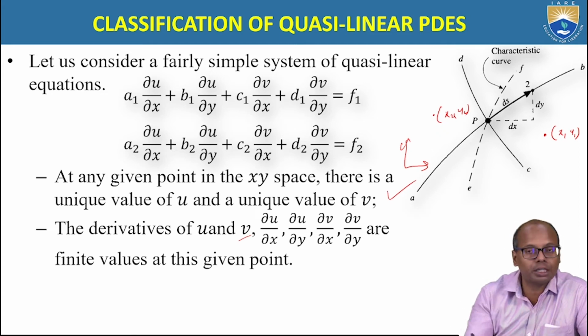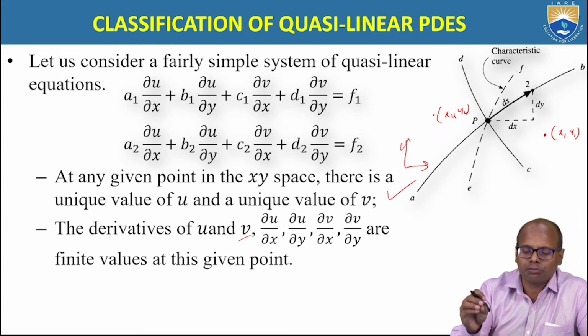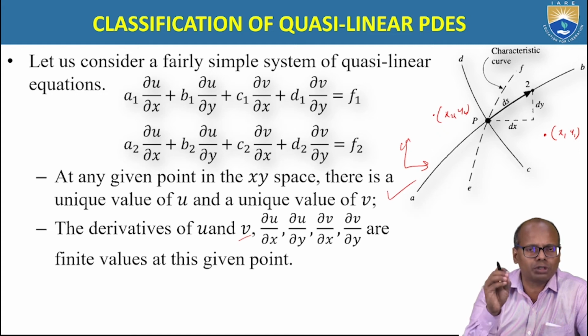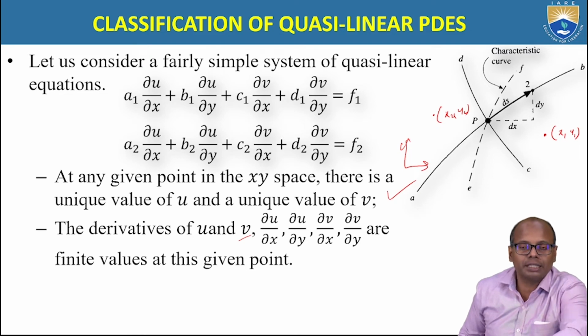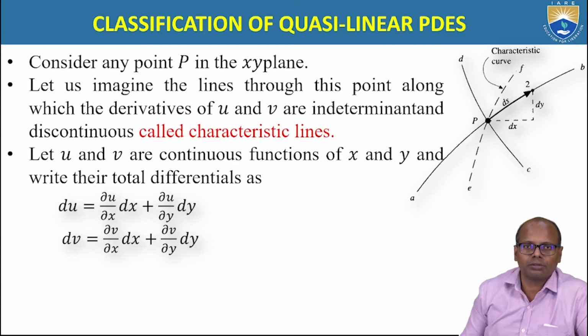So any point I take in the space has unique values of x and y, unique values of u and v, and finite values of the derivatives of u and v. These are the few considerations I am taking for this space and these equations.